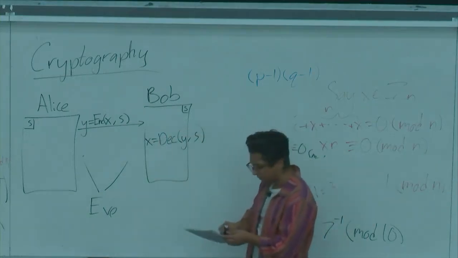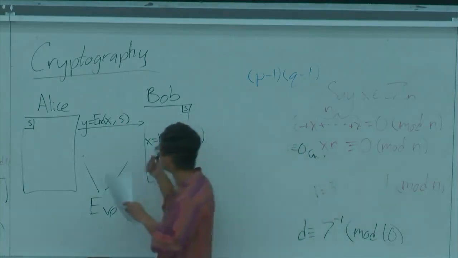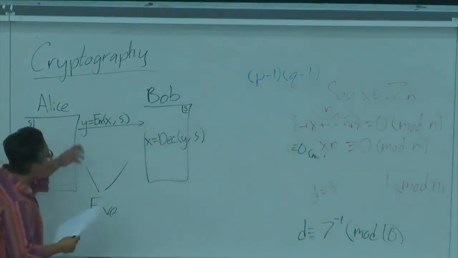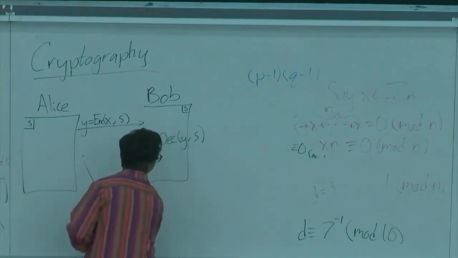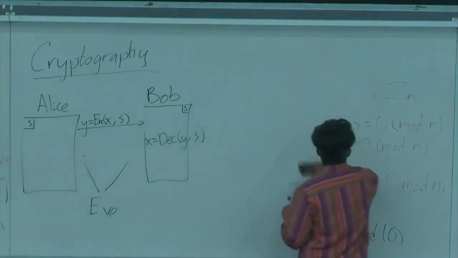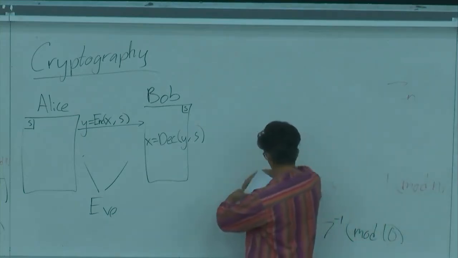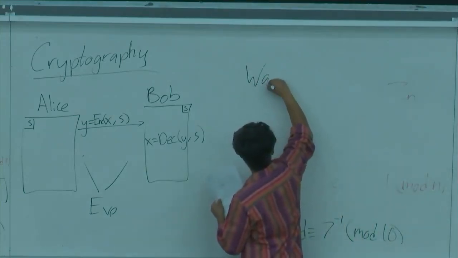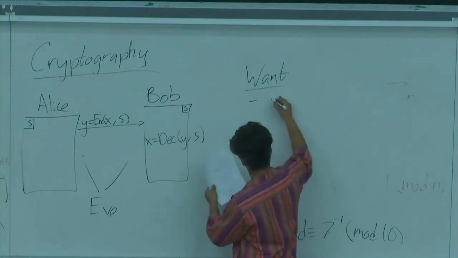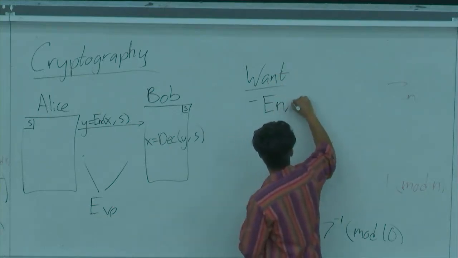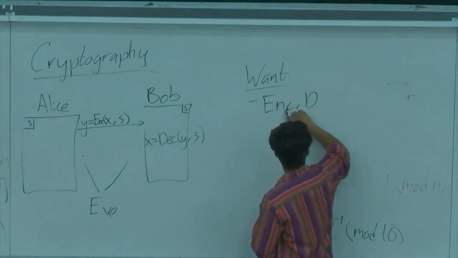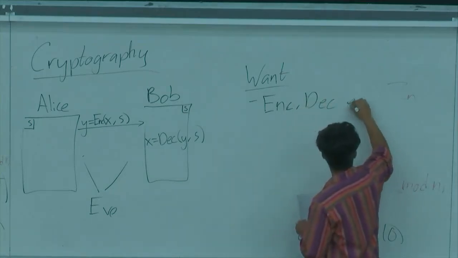So we haven't said much yet. This is just kind of the outline of what's happening. We want two things from this. What we want is that encryption and decryption are easy.